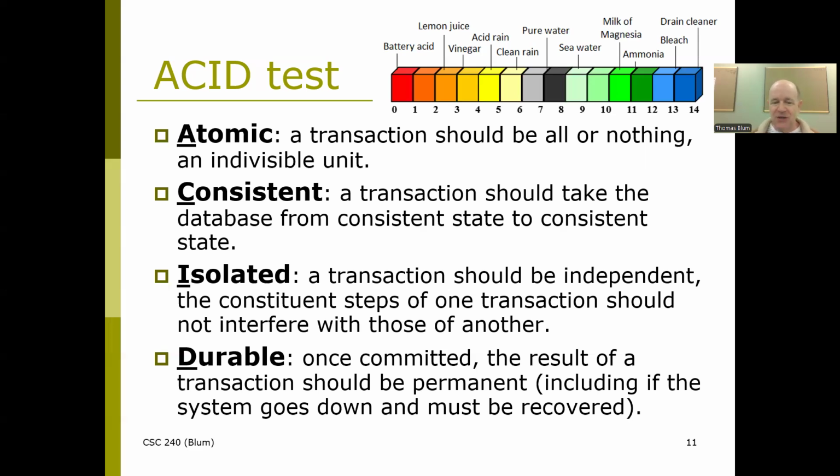Once the transaction has been committed, it should be permanent, effectively saved. If you finish a transaction and you commit it, then the result should be lasting in the database. And if the system were to go down and needed to be recovered, that completed transaction should be part of what is recovered.